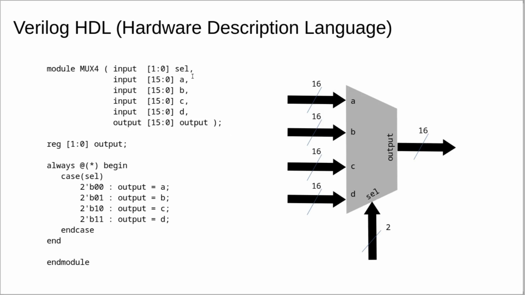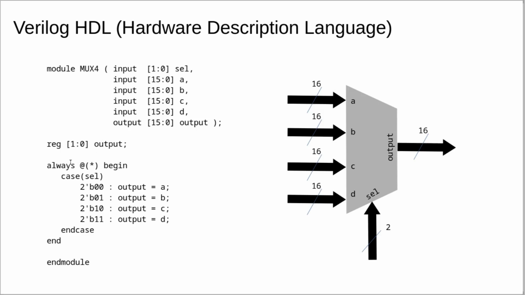Here we see the same description in the module, in the interface. So the MUX4 has an input, the select line, 2 bits, 1 and 0, A from 15 down to 0, B, and so on. And the output is going to be also 16 bits from 15 down to 0.